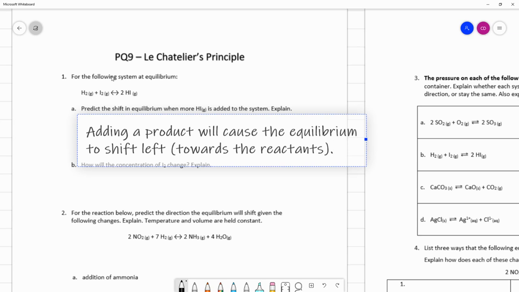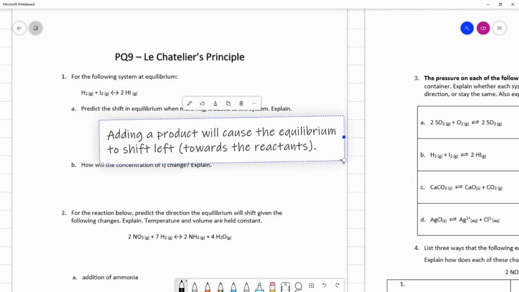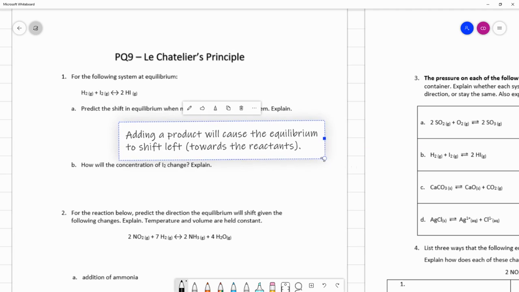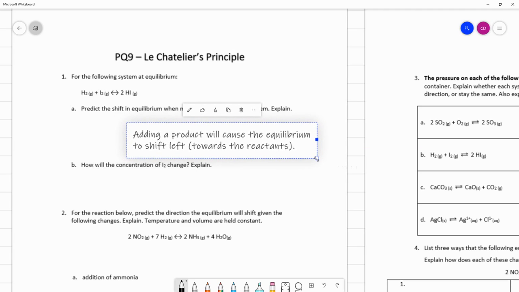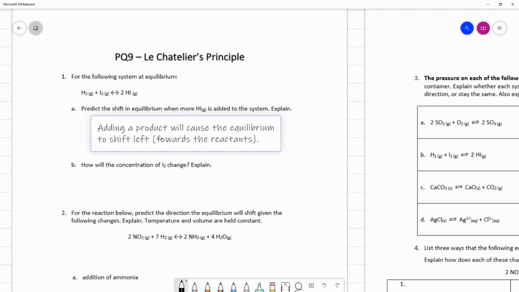This is because adding more product, more HI, increases the concentration of HI. There are now more HI molecules that are able to collide with each other, and that will increase the rate of the reverse reaction.